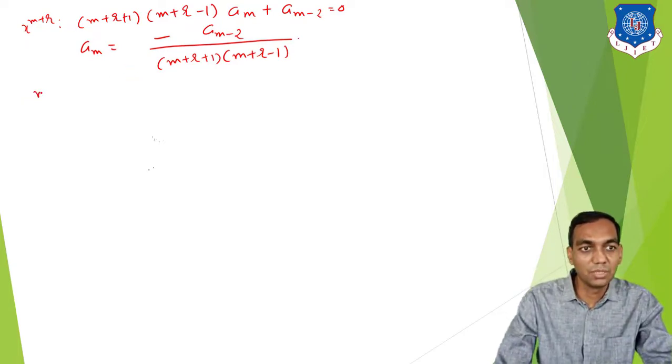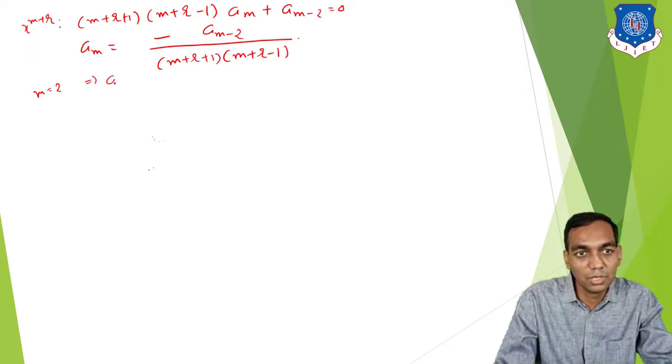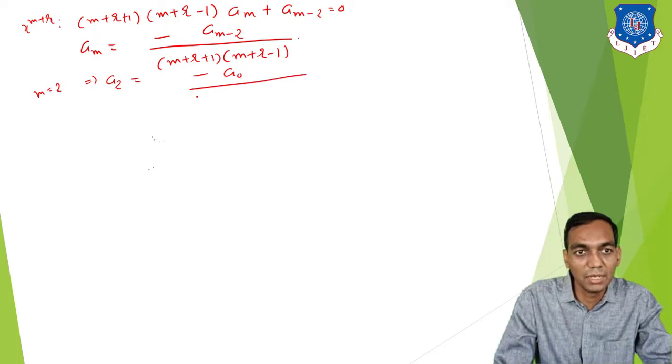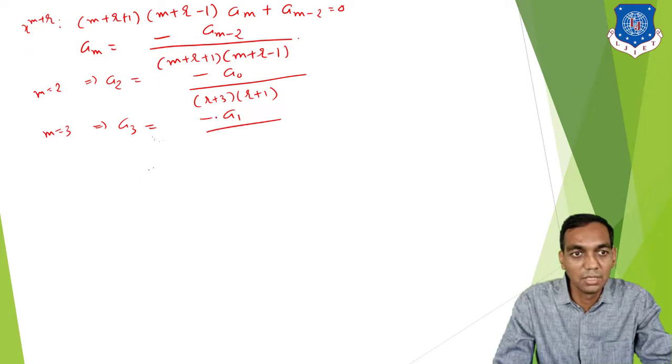Now m is running with 2, so m is equal to 2, and that will give you a2 is equal to minus a0 divided by (r plus 3)(r plus 1). Correct? Same manner, m is equal to 3, then you will get a3 is equal to minus a1 divided by (r plus 4)(r plus 2).